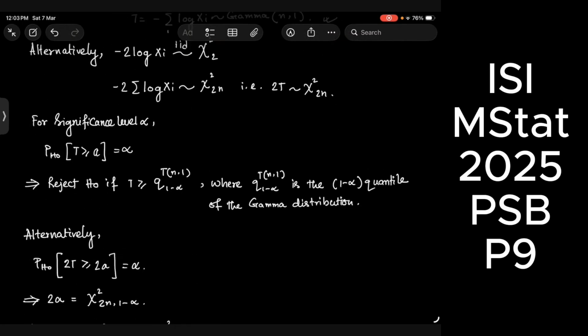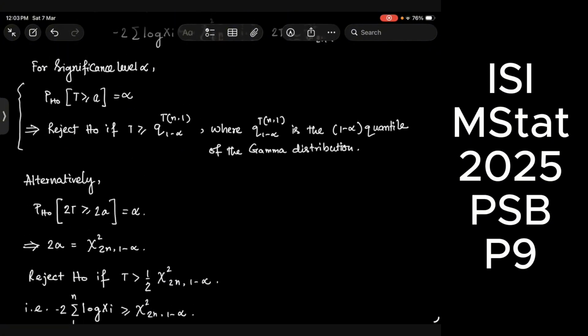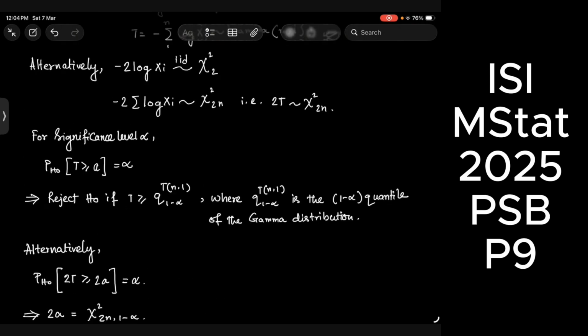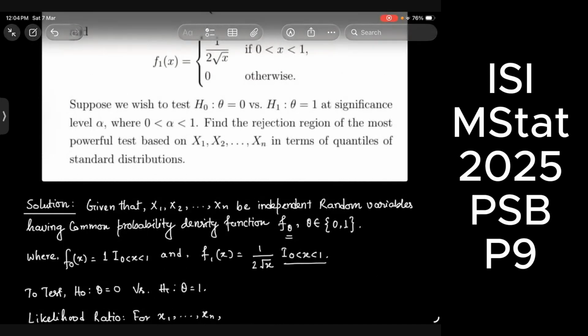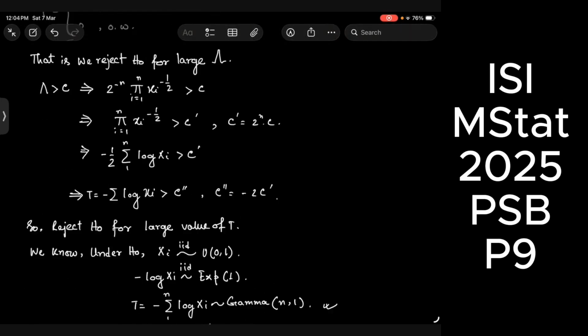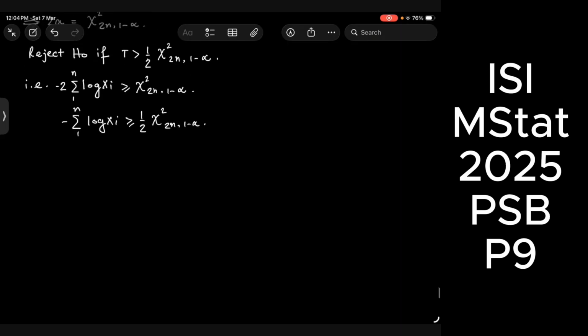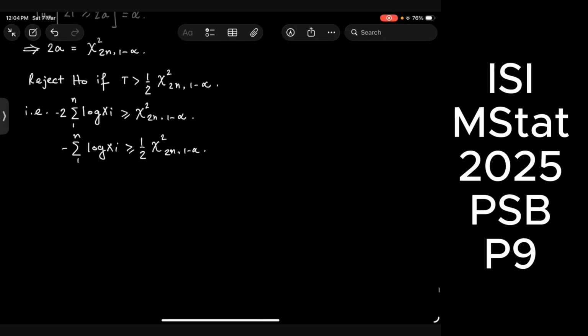So yeah, you can answer in both of the ways. One is this and one is the below. Well, we know the upper alpha point of chi-square, so it will be more convenient. What is the upper alpha point? I don't know the value. We don't know the value, but we can look up from the table.